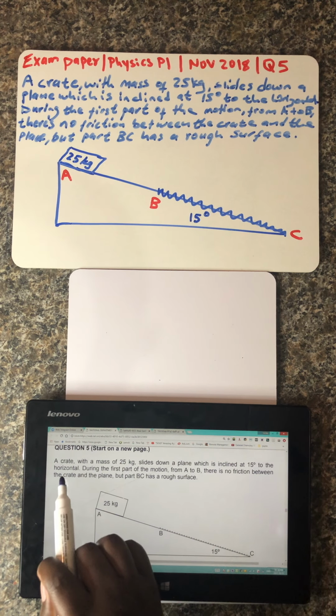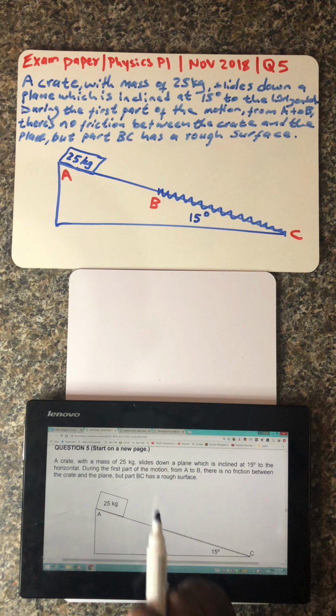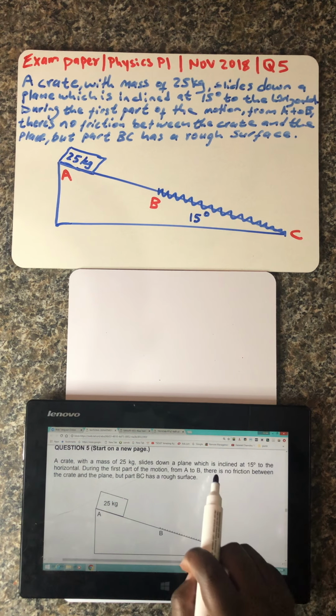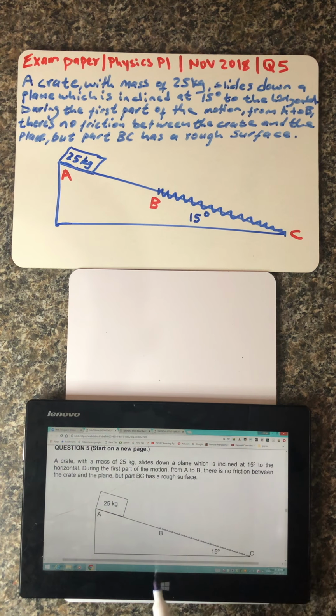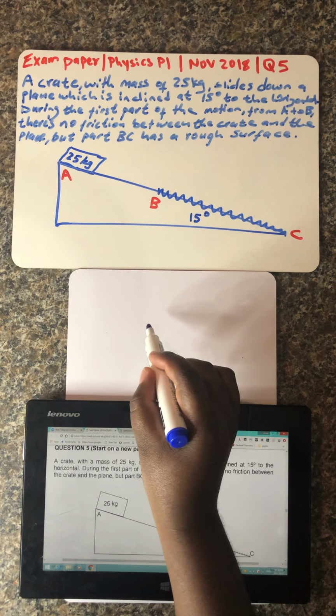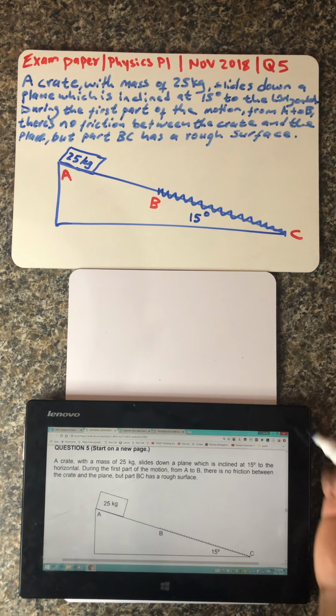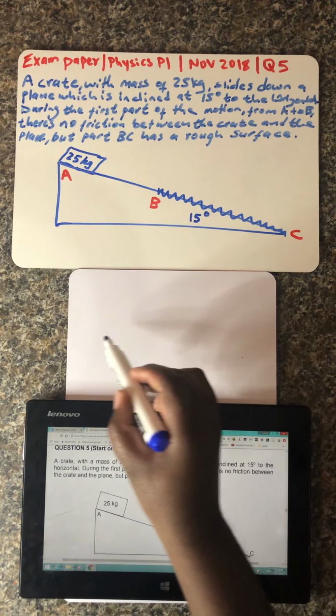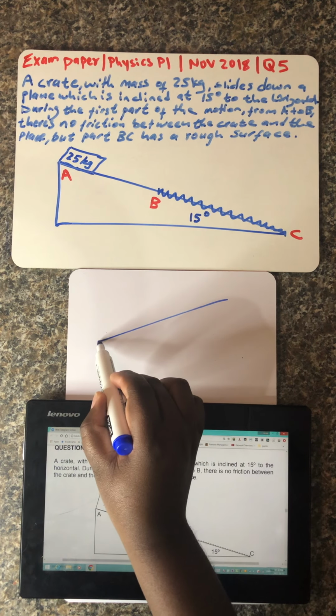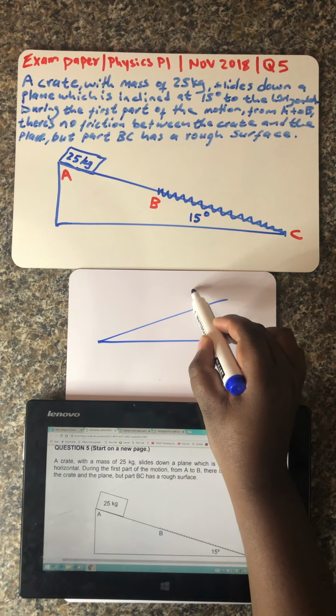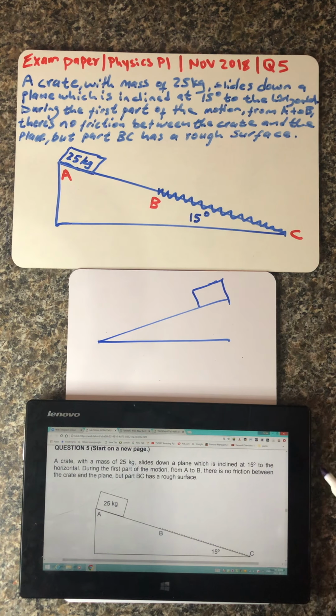So obviously they are saying a crate with that particular mass slides down a plane inclined at an angle of 15 to the horizontal. So that means you already know. Let's say for the purpose of just drawing this diagram, let me just draw it in that direction. I just want to indicate to you that with that information you can start to draw something. Then before we start with the first question, I'll show you why from time to time when we read a statement I try to redraw the diagram even though it's already given.